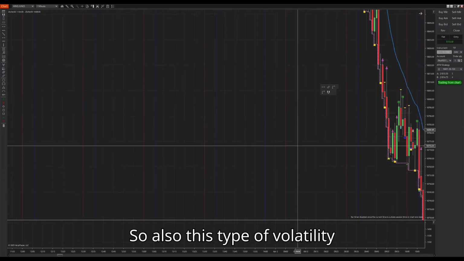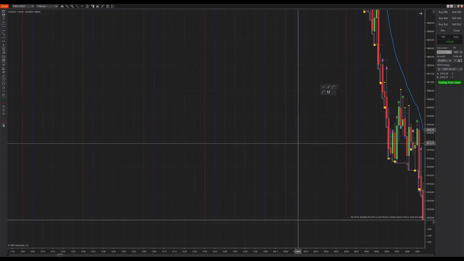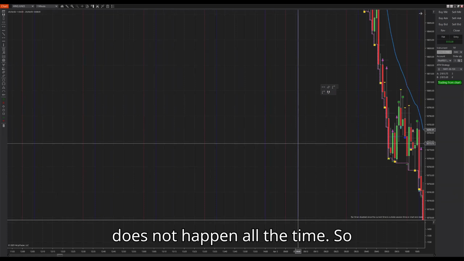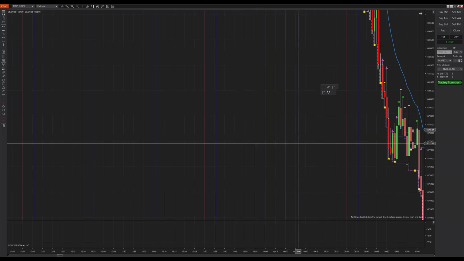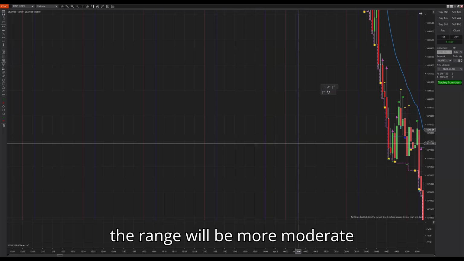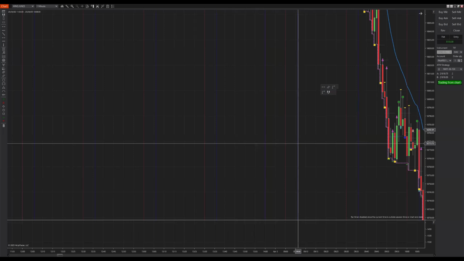Also, this type of volatility does not happen all the time. So the majority of the days, 70% of the days, the range will be more moderate.